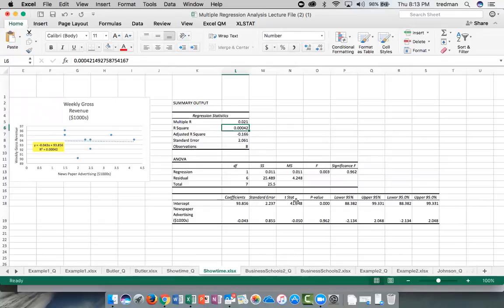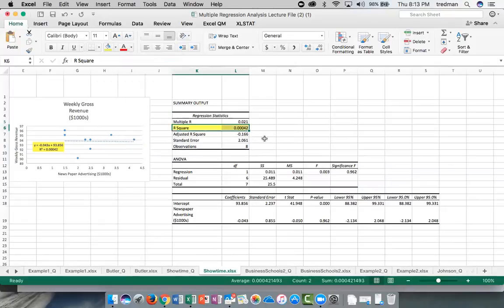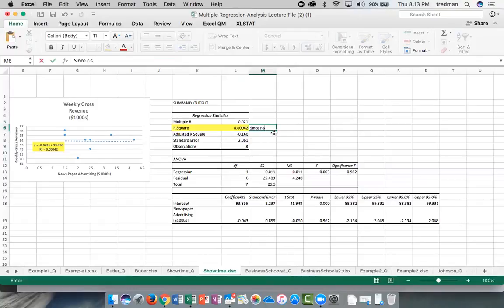I have to expand it to get 2 significant digits. So I've got the R-square of 0.0042. Since R-square is less than 0.10, there is no relationship.